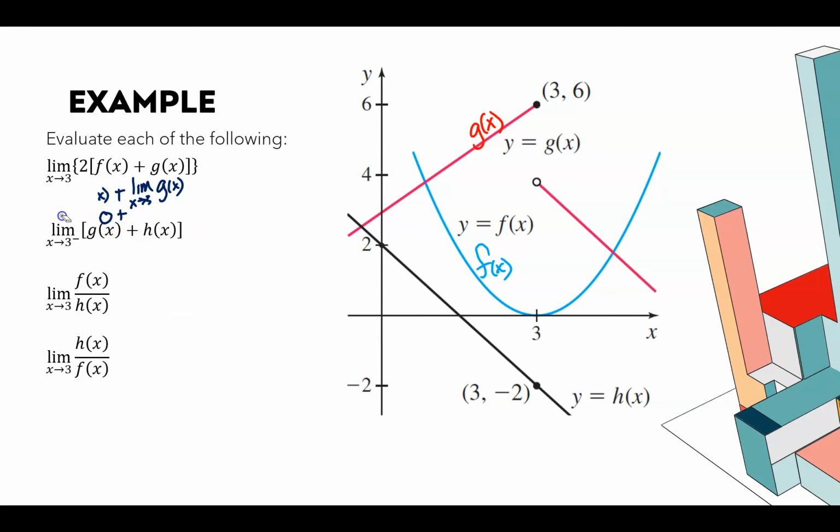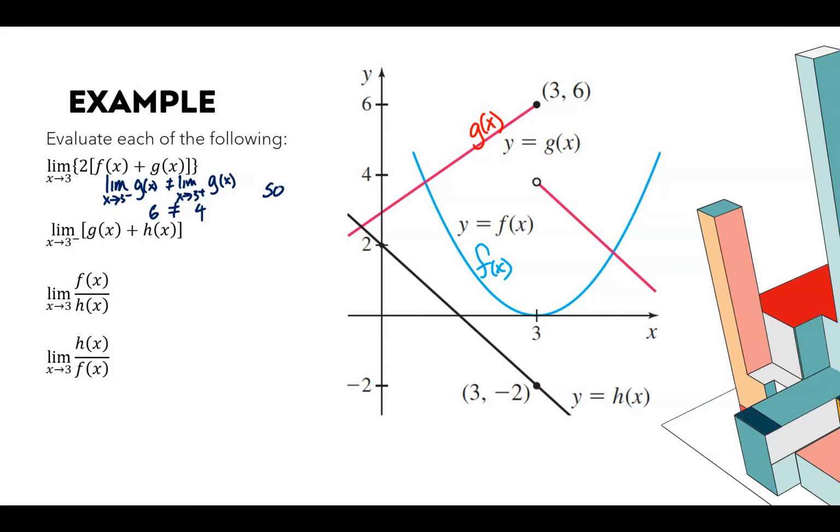So maybe I will erase all of this and write 3 from the left. Oh, it was g of x, wasn't it? Limit as x approaches 3 from the right of g of x. And let's see, 6 does not equal 4.